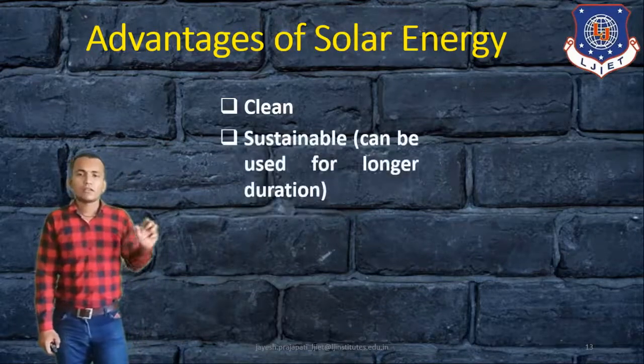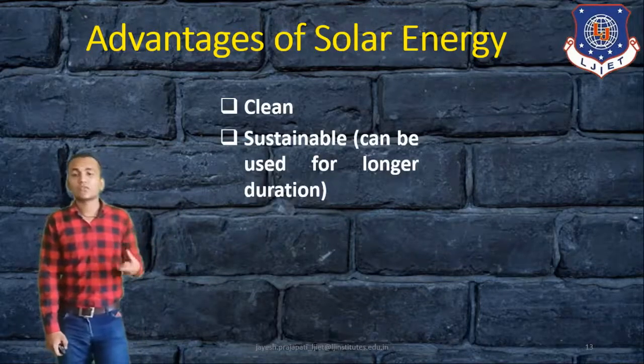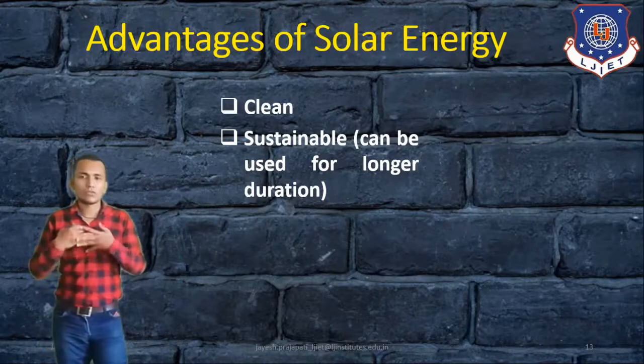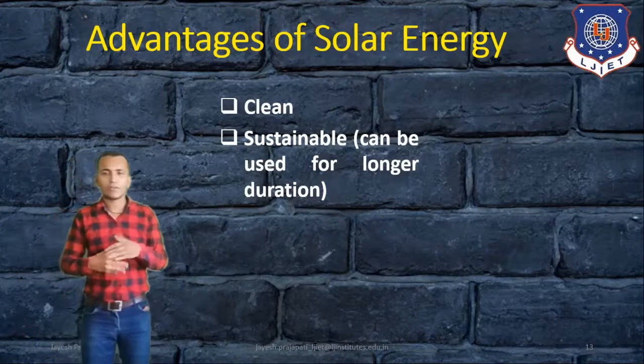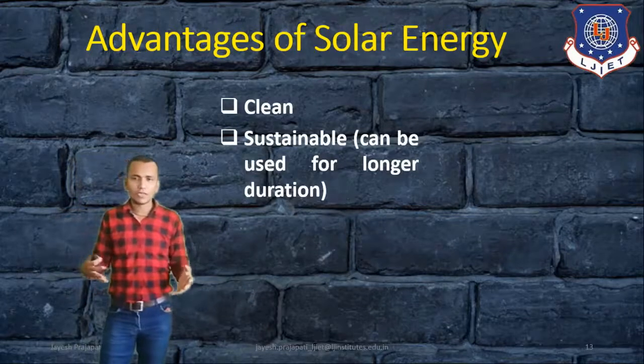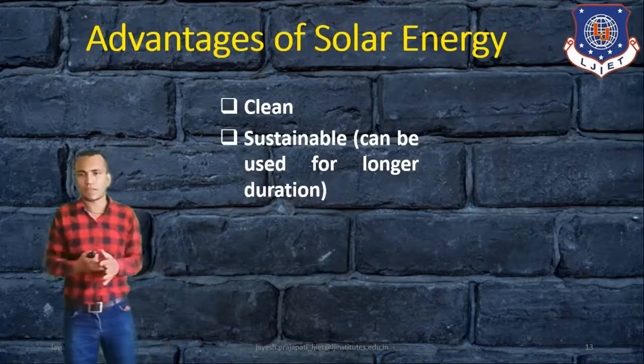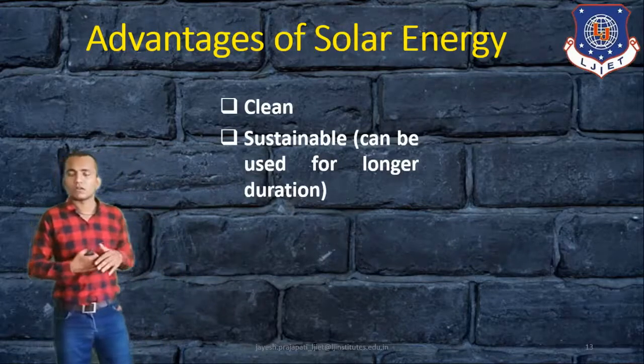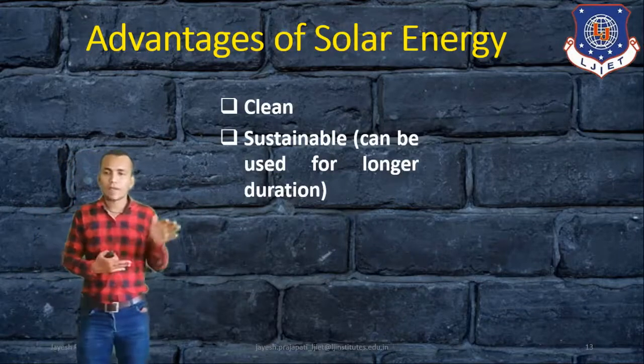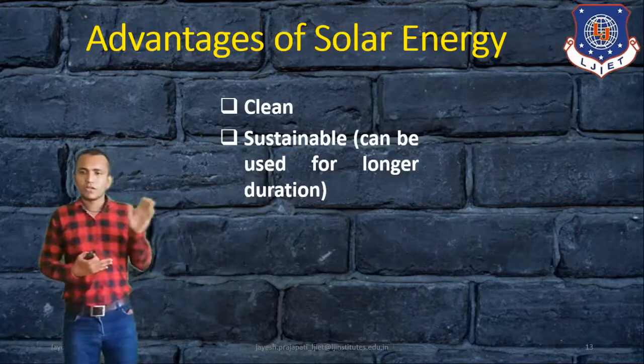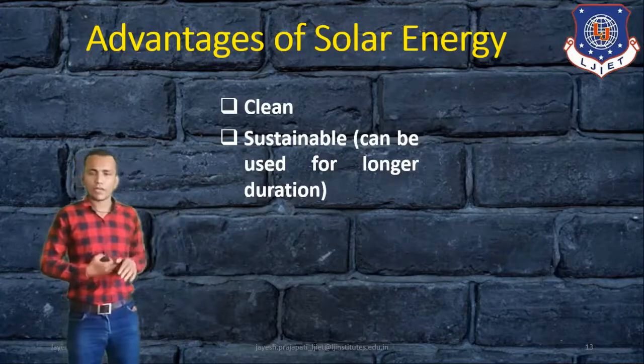Then sustainable, it can be used for a longer duration, because we know that the sun's energy is free of cost and available freely, so we can use it for a longer time. It will not expire or be reduced.